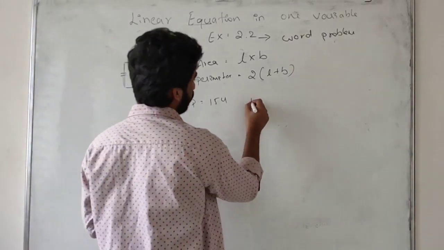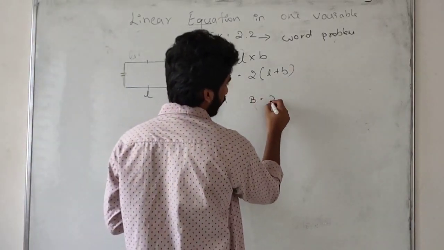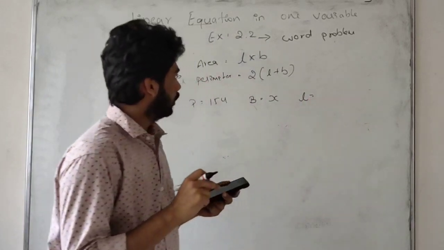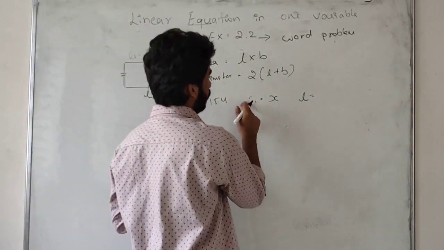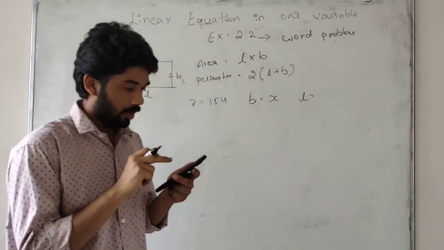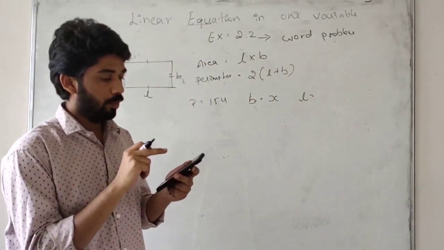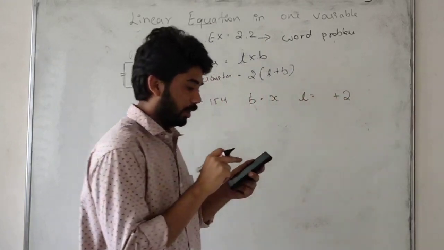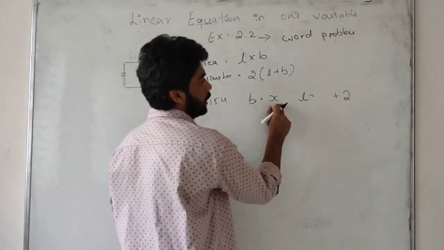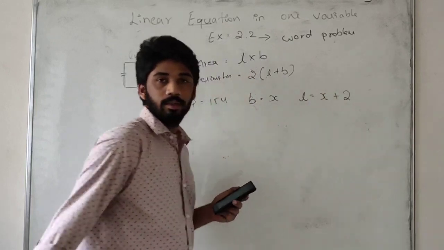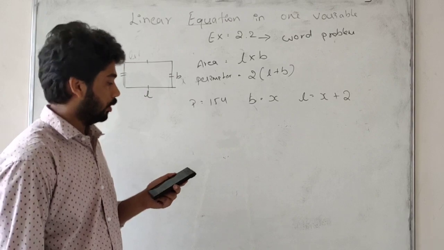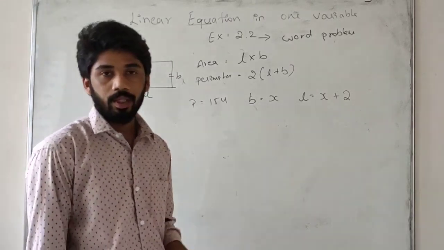So the breadth I take as x, and the length is 2 more than twice its breadth. We have to find L and B in this problem.